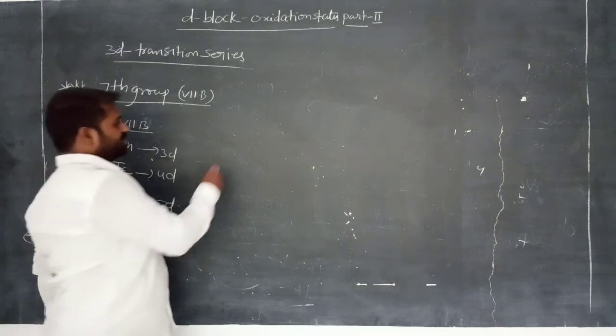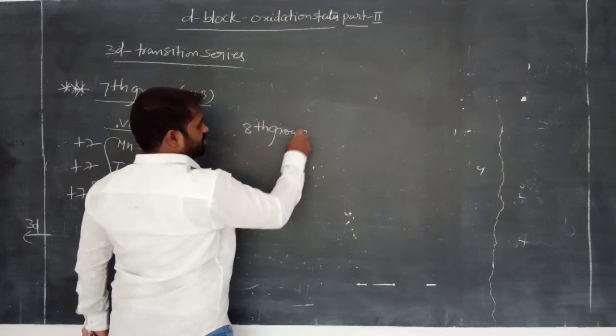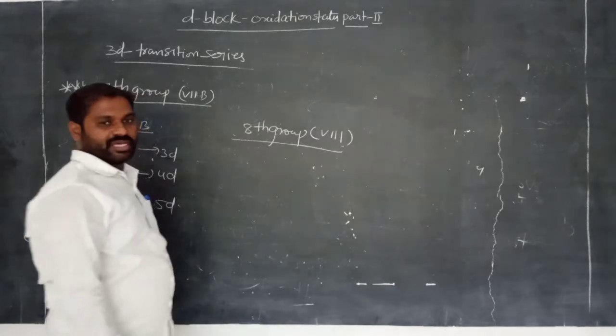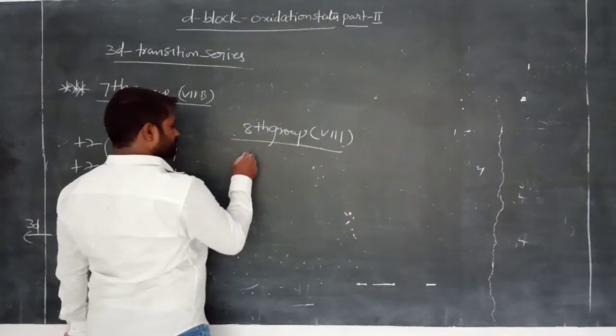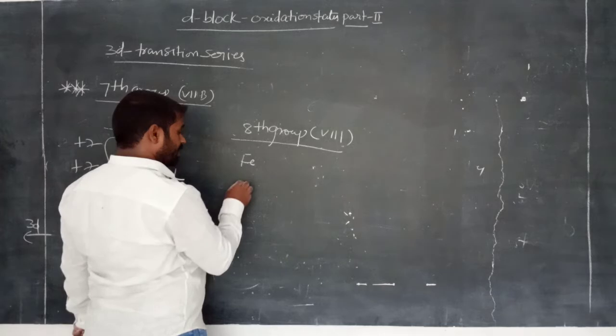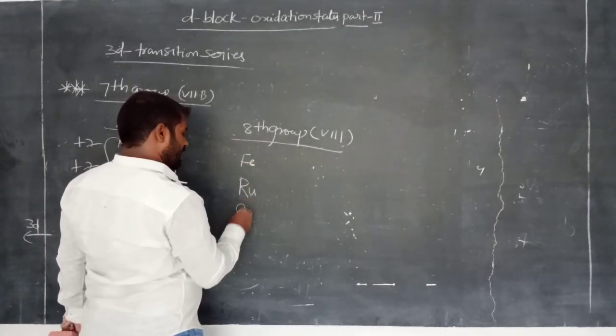And come to the eighth group. Here we have iron, and after this ruthenium and osmium.